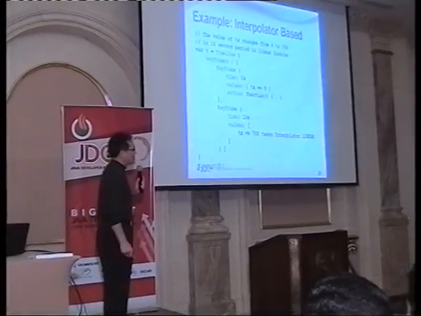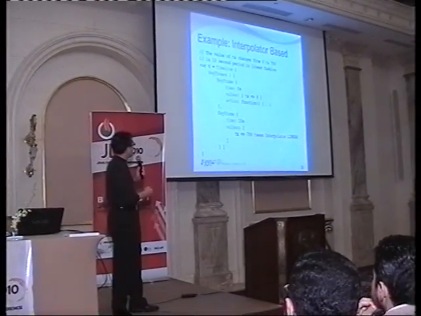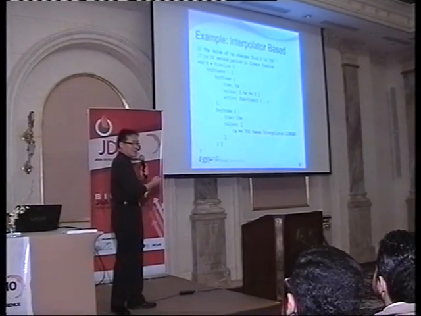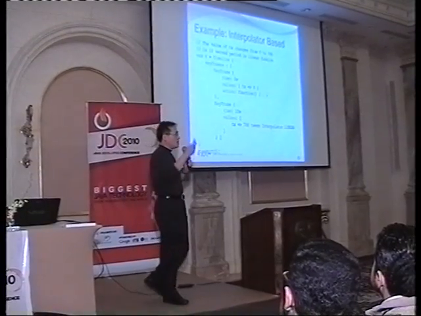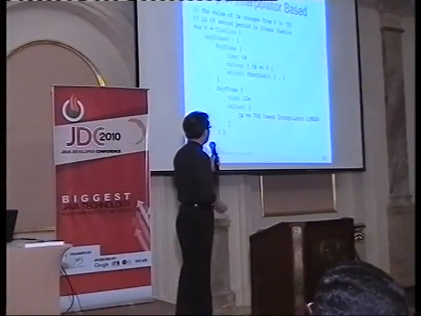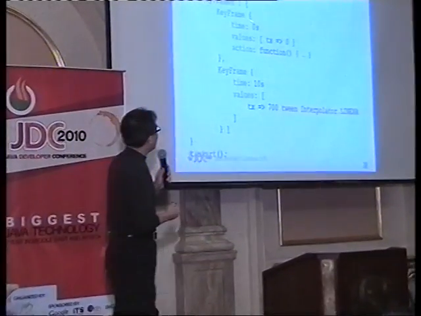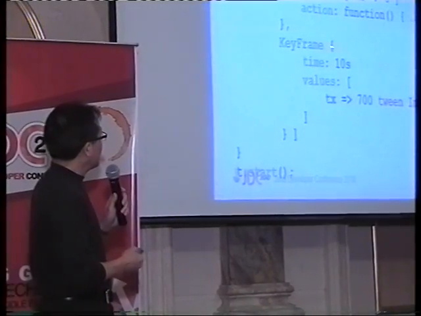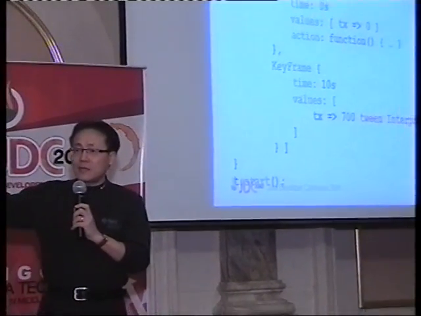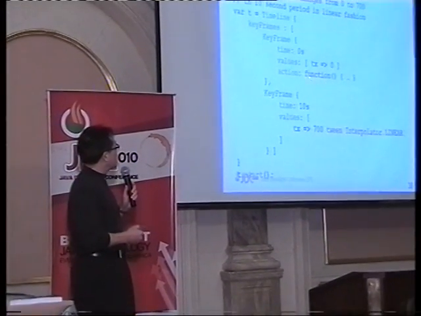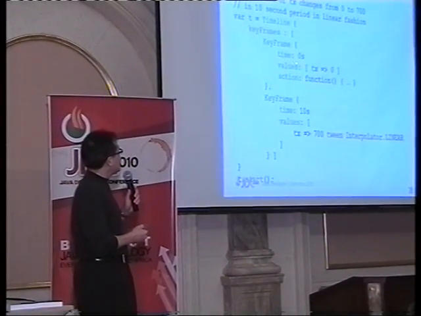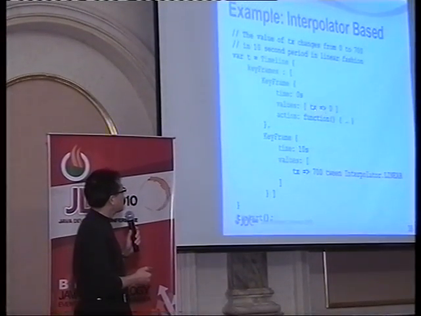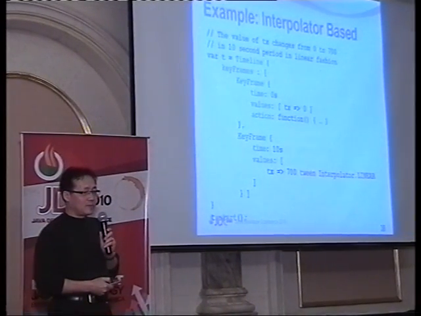So this is a very simple animation. You can see this is a timeline object, which is a collection of keyframes. We have two snapshots represented by two keyframes. The first keyframe says time is 0 seconds. The second keyframe says time is 10 seconds. So at the first time, 0 seconds, this function gets executed. You're also setting the value of tx to 0.